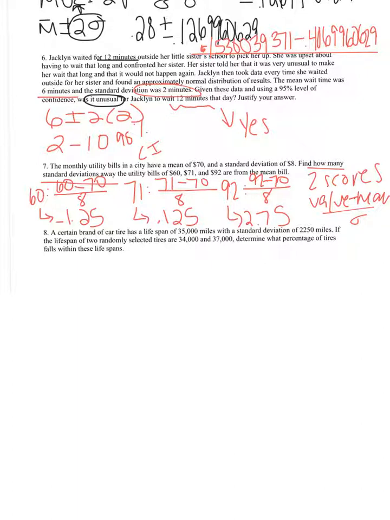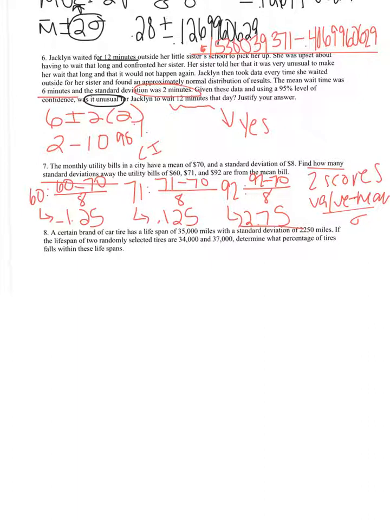All right, so if it was asking about anywhere that would be usual, $60 would be usual, $71 would be usual, but 92 would be unusual because 92 falls outside of 2 standard deviations away.